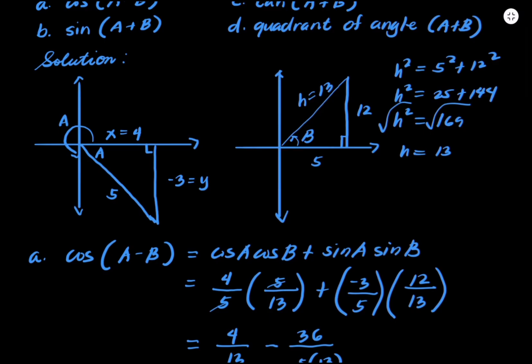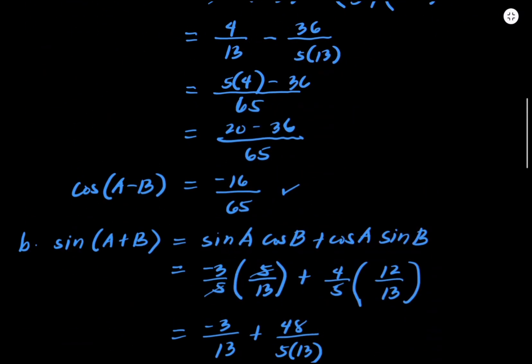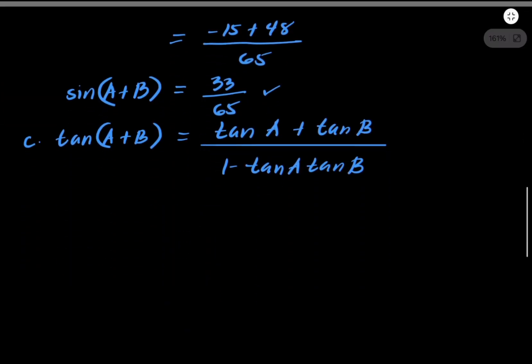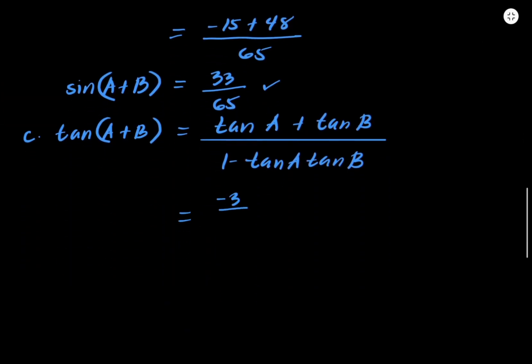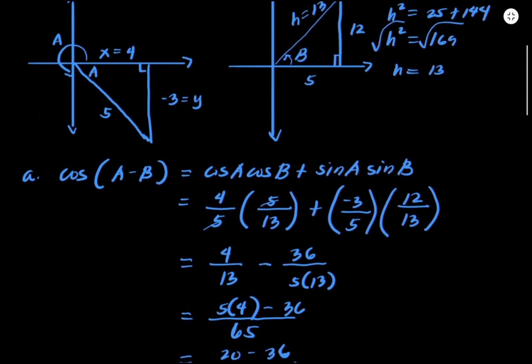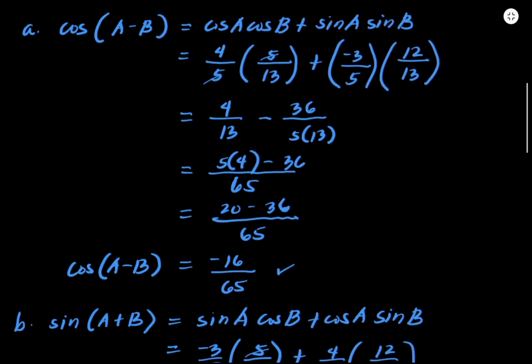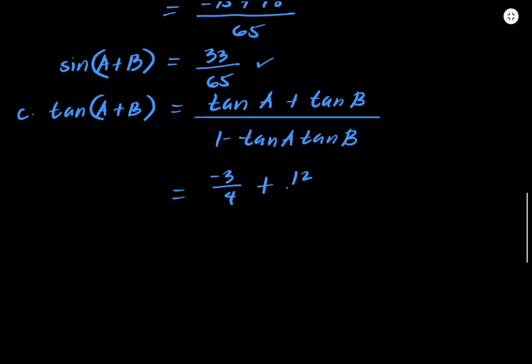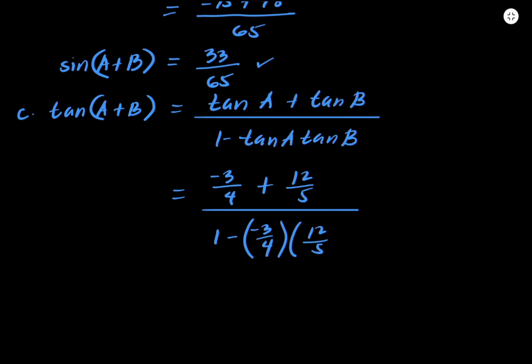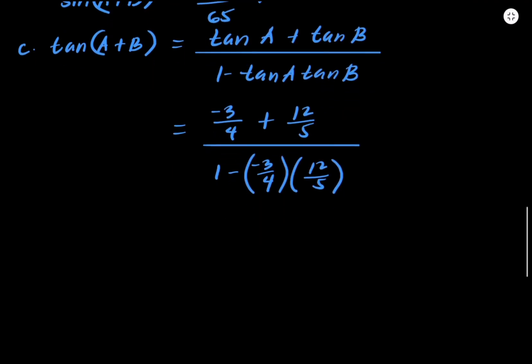Opposite over the adjacent. So that is negative 3 over 4, right? Negative 3 over 4 plus, what is tangent B? Tangent B is 12 over 5, then all over 1 minus tangent A, negative 3 over 4, times 12 over 5. Now let us simplify.